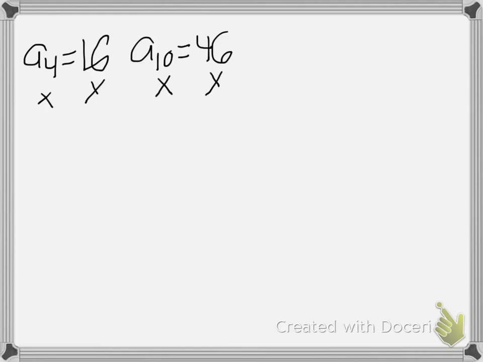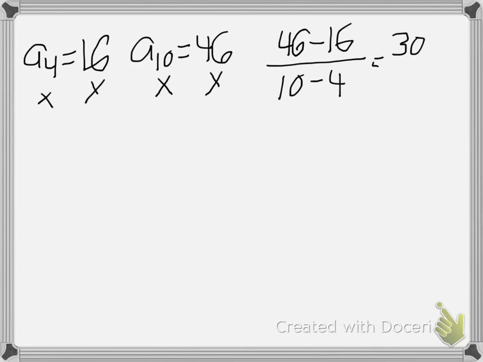So basically, all you have to do is take your y values, 46 minus 16, and then divide by your x values of 10 and 4. So 46 minus 16 is 30. 10 minus 4 is 6. So the constant difference is 5.